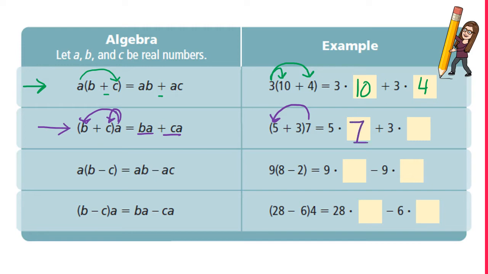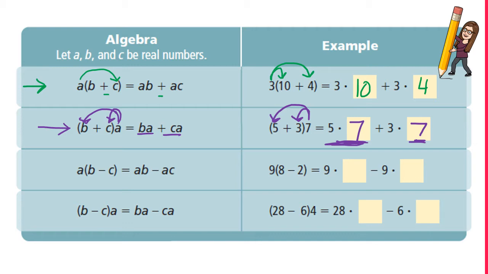Remember that multiplication is commutative, so the order in which we multiply doesn't matter. Then I have 7 times 3, 3 times 7. So make sure that whatever value's in parentheses, it receives or is multiplied by the number on the outside.